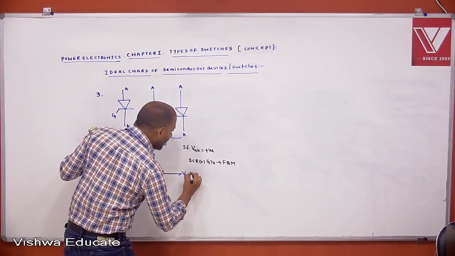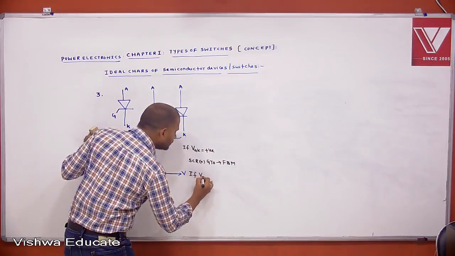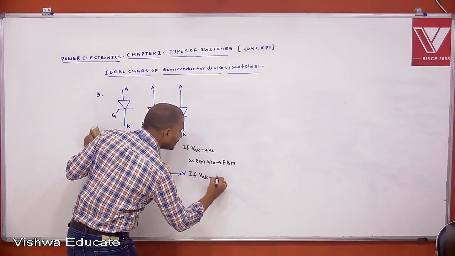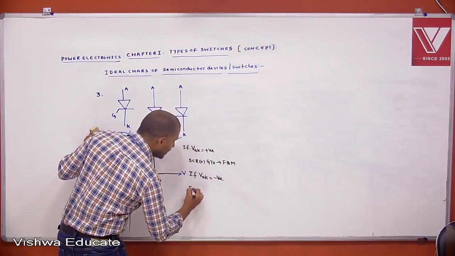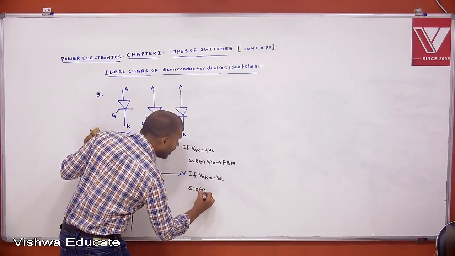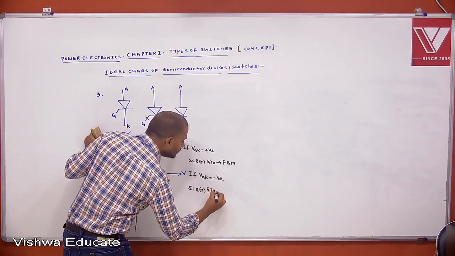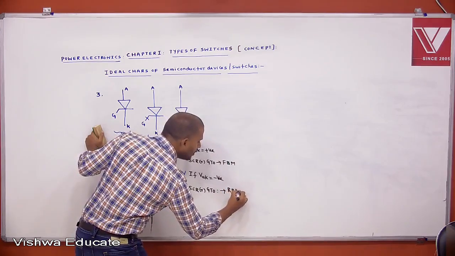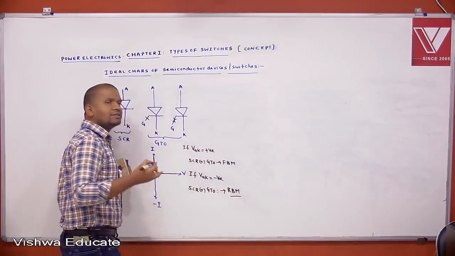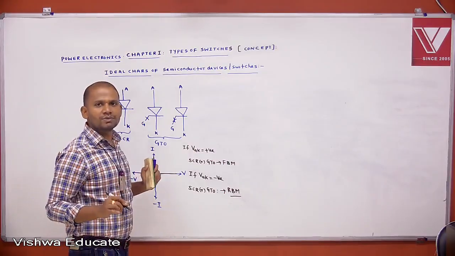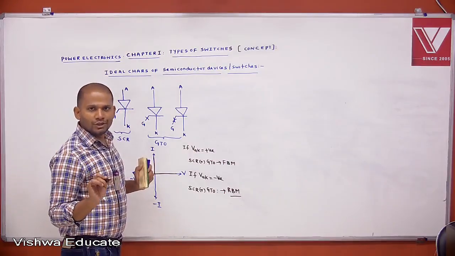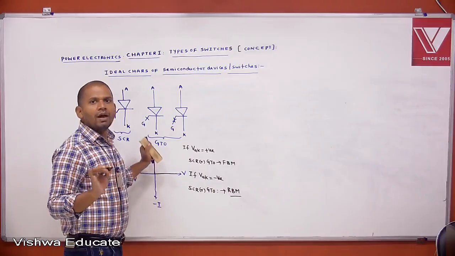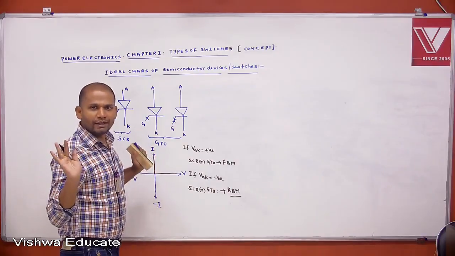If VAK is negative, if anode to cathode voltage is negative, SCR or GTO is under reverse blocking mode. What exactly forward blocking and reverse blocking mean, I will discuss in SCR and GTO. But here I am concentrating on how to draw the ideal characteristics.